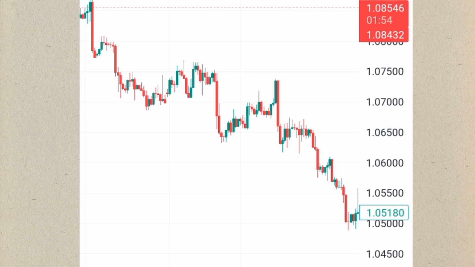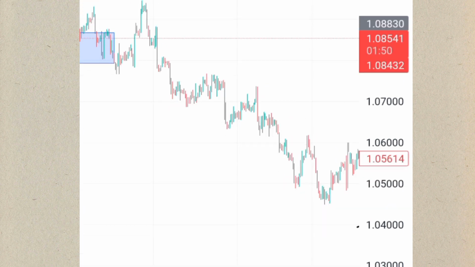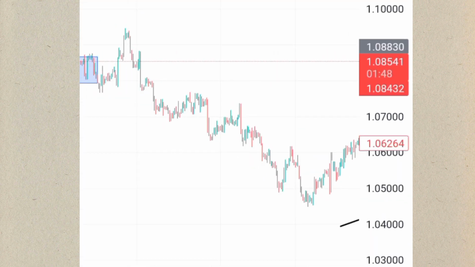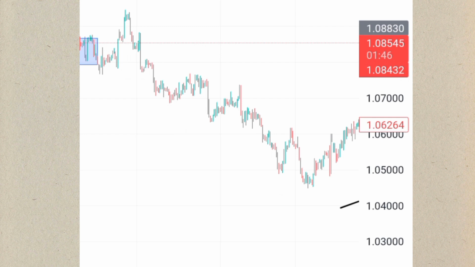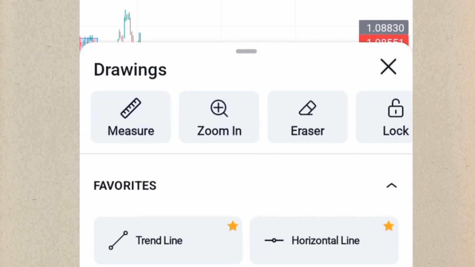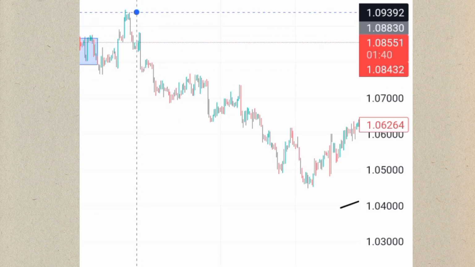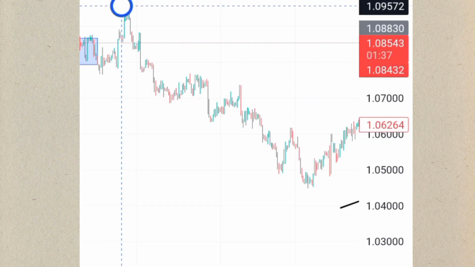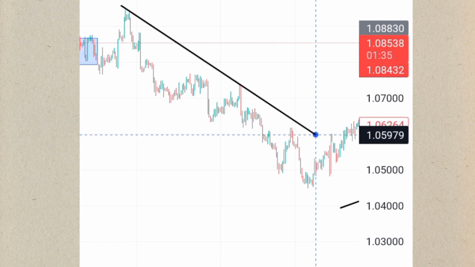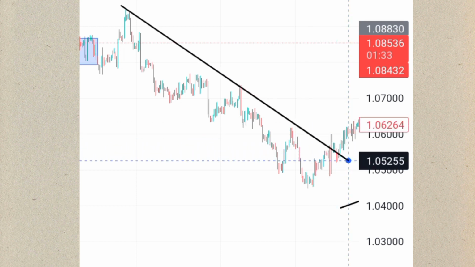Is it bullish or bearish? For example, here my chart is bearish, or the market is selling. A market that is selling must be breaking lows, or you can identify it by drawing a trend line.